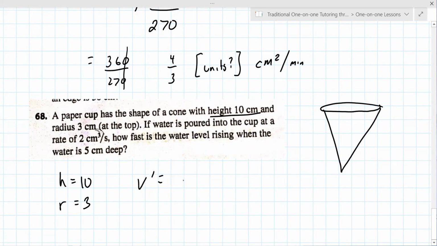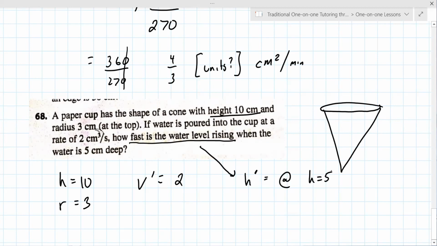V prime is 2. How fast is the water level rising when the water is 5 centimeters deep? So they're asking for H prime, at H equals 5.